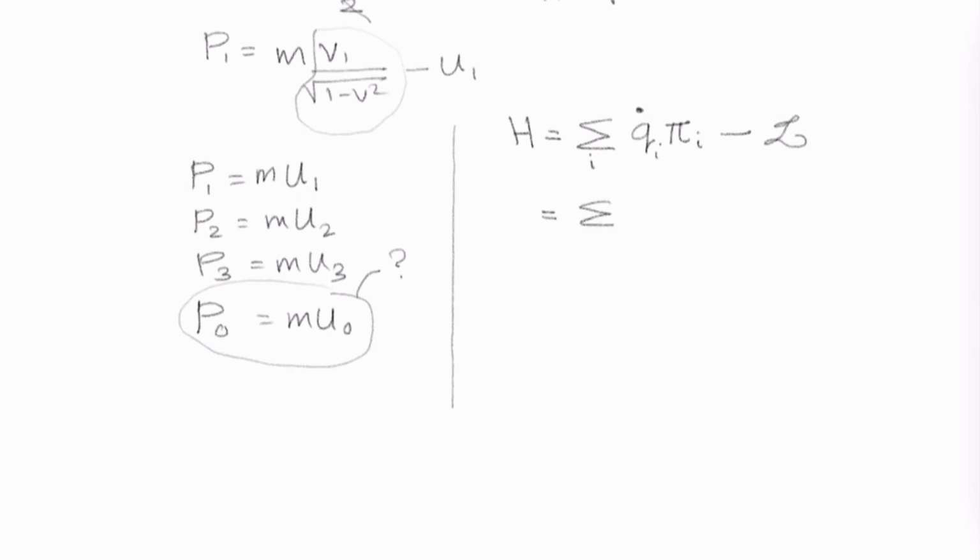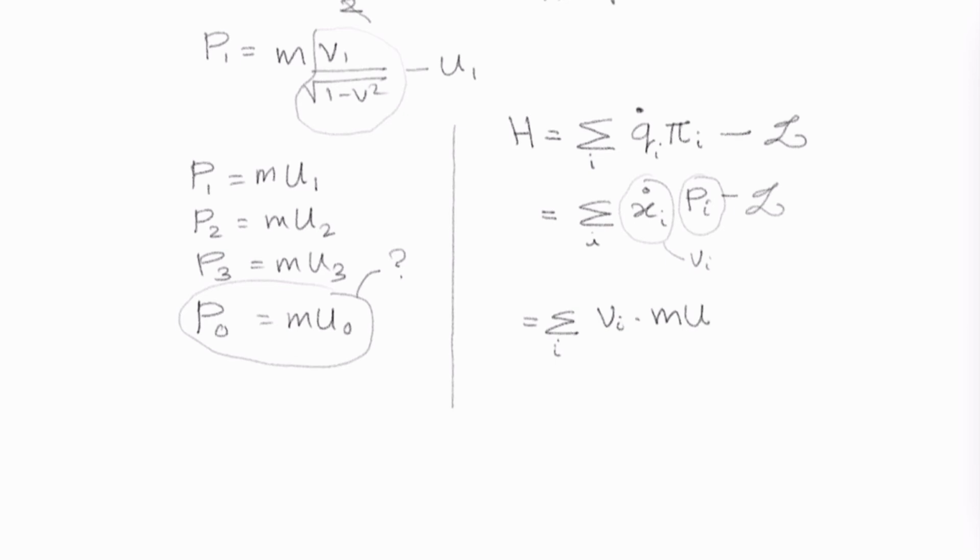So in our terms, it is summed over i, x_i dot, p_i, minus the Lagrangian. What is x dot? X dot is v_i. And p_i is m times v_i over square root of 1 minus v squared.